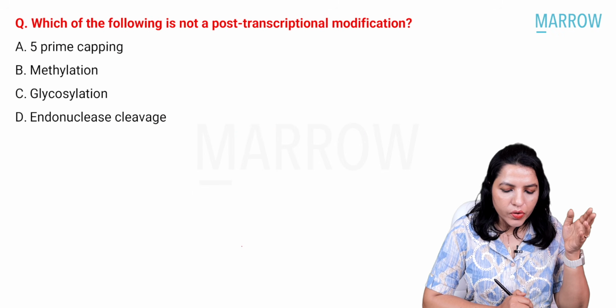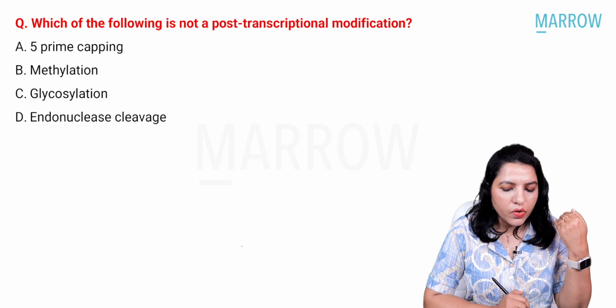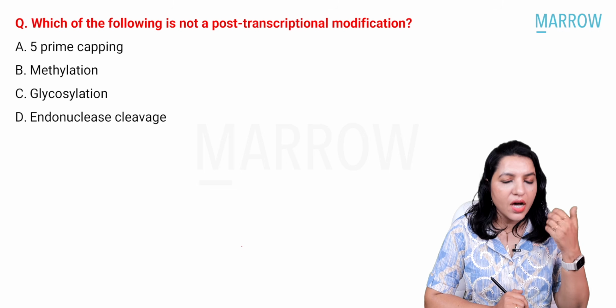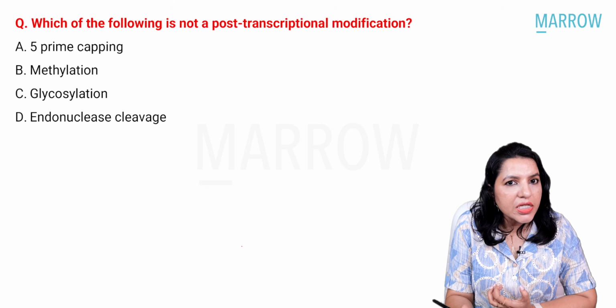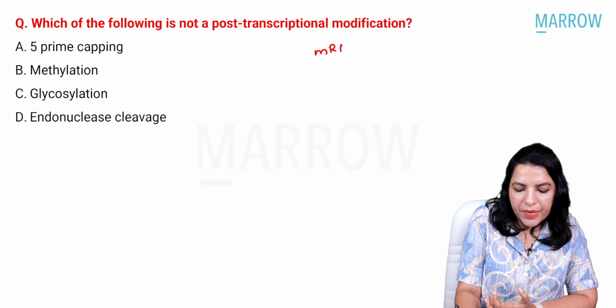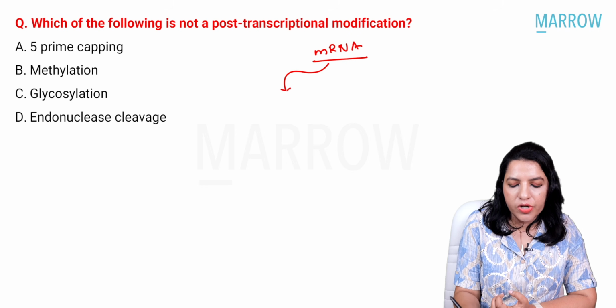Which one of the following is not a post-transcriptional modification? So, we know that post-transcriptional modification happens for the RNAs. There are different types of RNAs we know. The major post-transcriptional modification that we study is for the messenger RNA or the mRNA. Now, which are the post-transcriptional modifications?